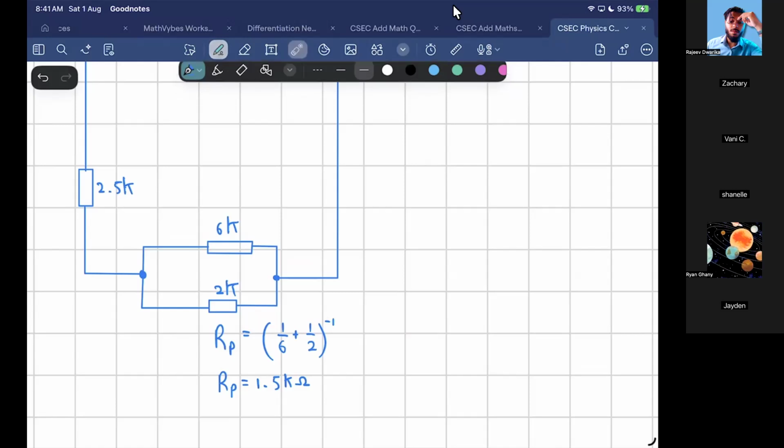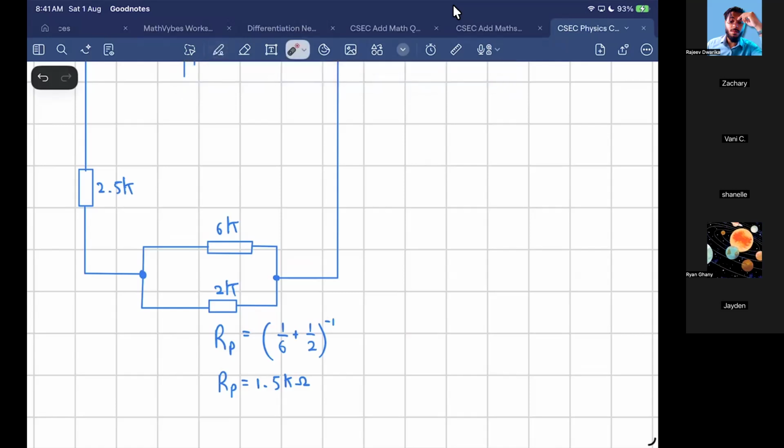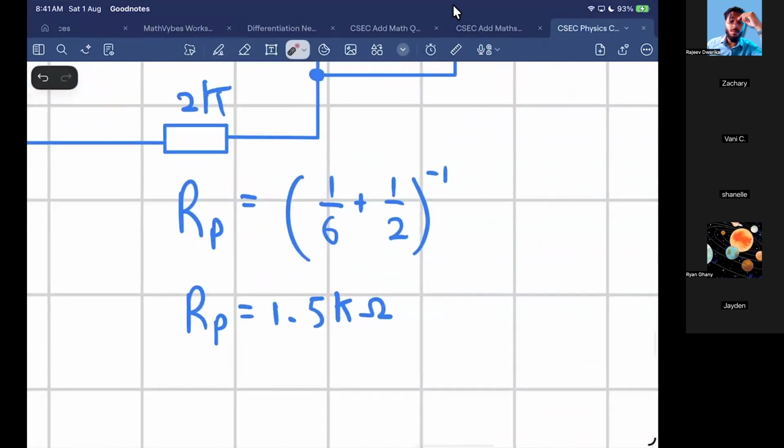Well, the reason is because this 1 over 6 represents 1 over 6,000, and the 1 over 2 represents 1 over 2,000. So when you work it out, you had to put the kilo, right? It's 1.5 thousand. That's what you were saying? Yeah. And 1.5 kilo as a number is 1,500. Right, so that's really 1,500.